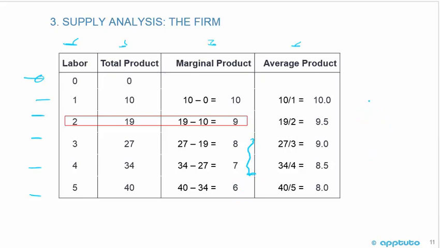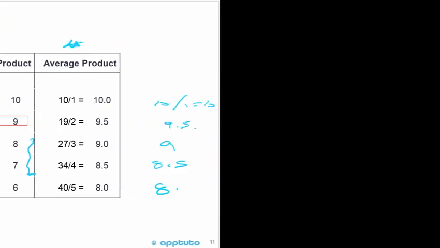You're just looking at your total product divided by your labor. So 10 divided by 1 equals 10, 19 divided by 2 is 9.5, 27 divided by 3 equals 9, 34 divided by 4 is 8.5, and finally 40 divided by 5 equals 8. So a nice little graphic with regards to labor, total product, marginal product, and average product.